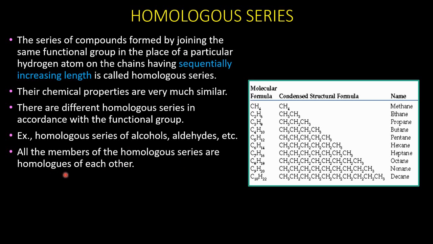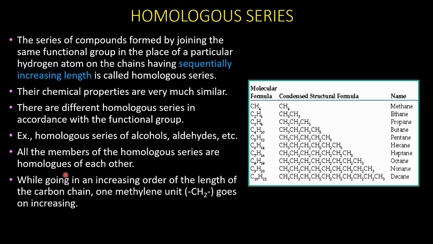If you see, they differ only by one extra methylene unit, that is CH2. You can very well note it down. The first and second differ by an extra 1 carbon atom. Here it is 1 CH2 extra, then 1 CH2 extra, like that. They increase by 1 methylene unit.